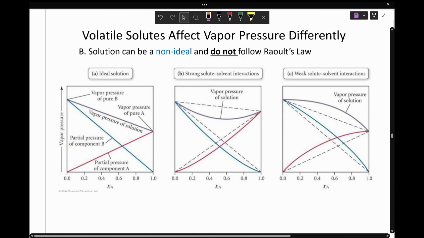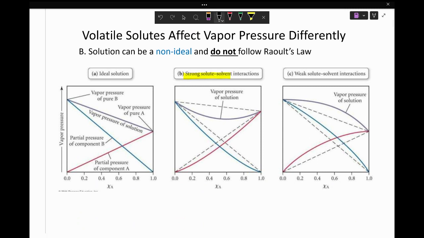And so this is just what these curves look like. If you have strong solute-solvent interactions, we'd see that we have a negative deviation from the dotted line, which is just the ideal situation. And each of these lines represents how much the pressure comes from each thing based off of its mole fraction.